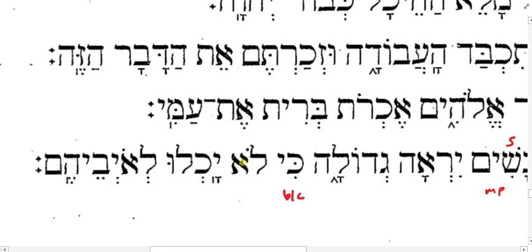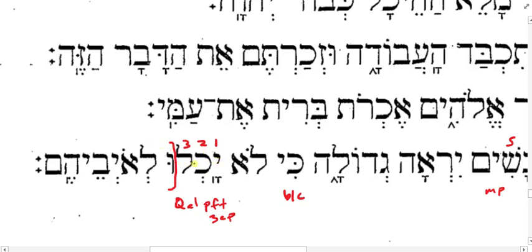Lo yachalu. What's lo mean? Not. And yachalu is one of our new stative verbs, right? There's the roots, 1, 2, and 3. And again, another shureq at the end. So that's the qal, what? Perfect. 3CP. Common, plural in the perfect for they. Now, I could translate this as they were not able. Okay?